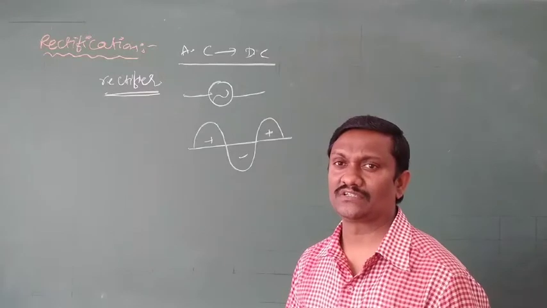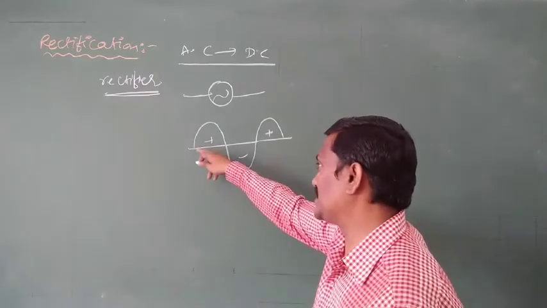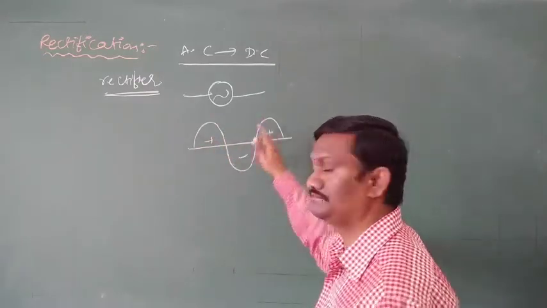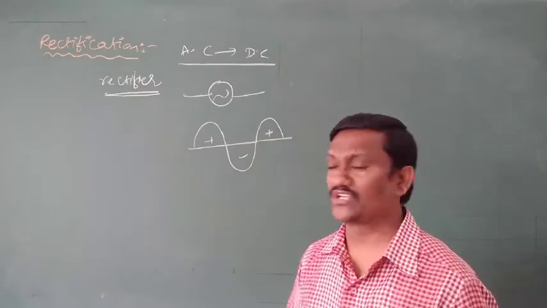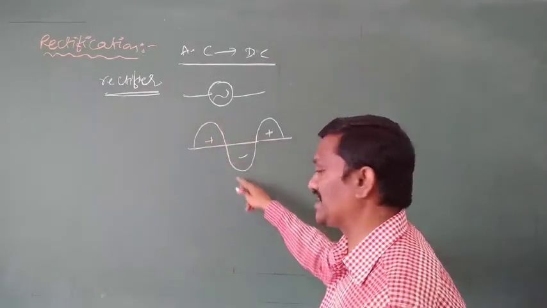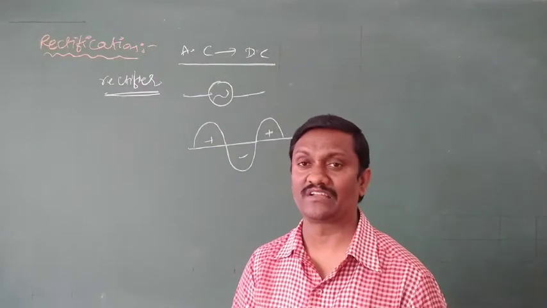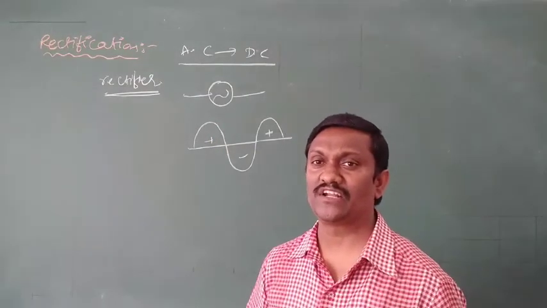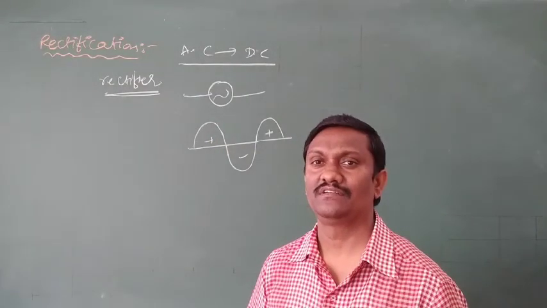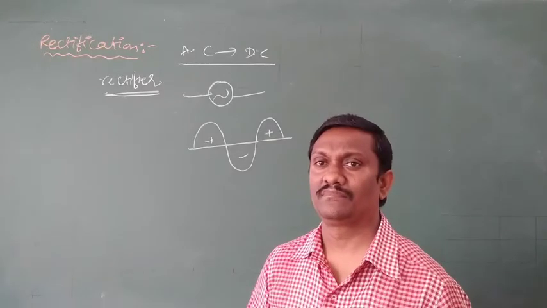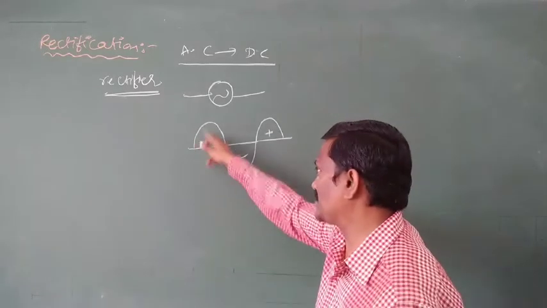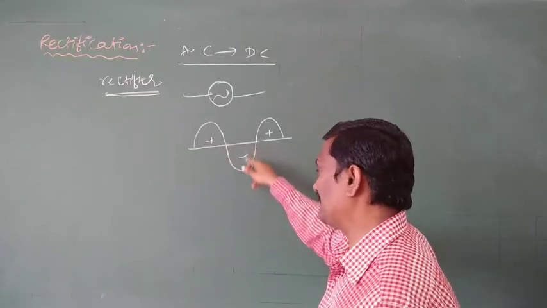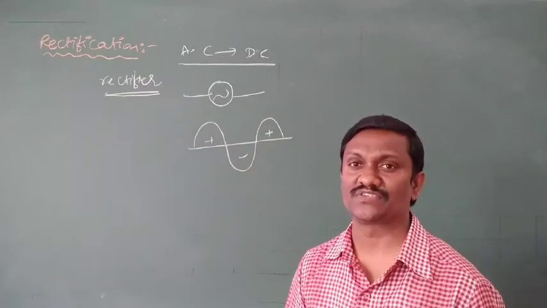A current whose polarity changes at regular intervals of time and whose magnitude changes continuously is called alternating current. It is also called a variable current. Every time the magnitude of AC changes, and at regular intervals the direction of AC also changes.